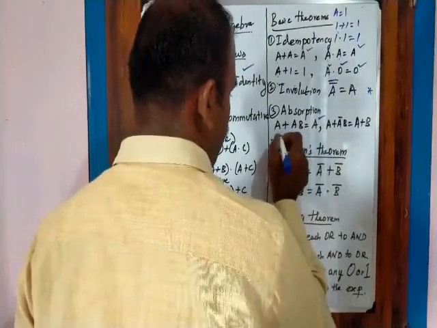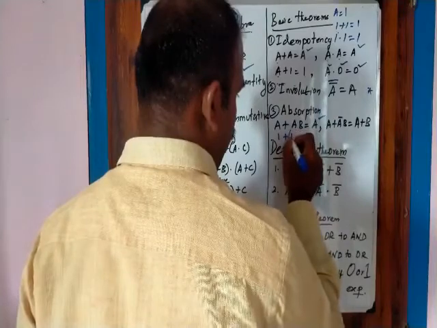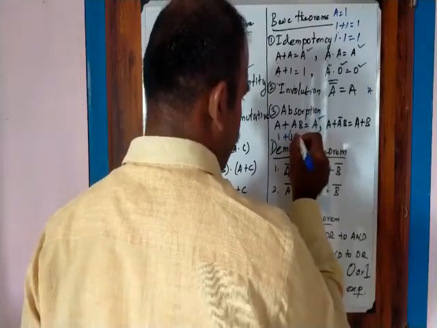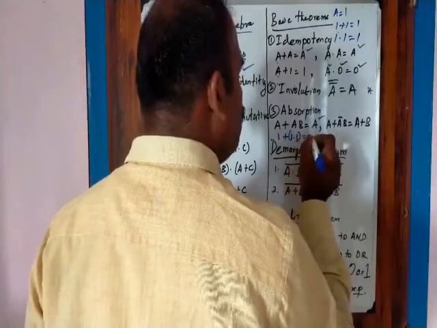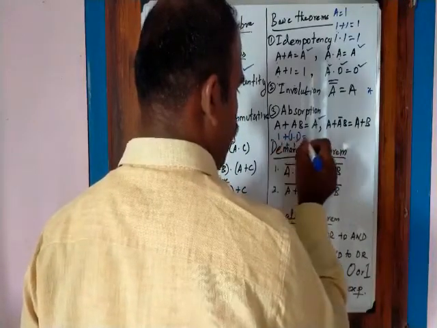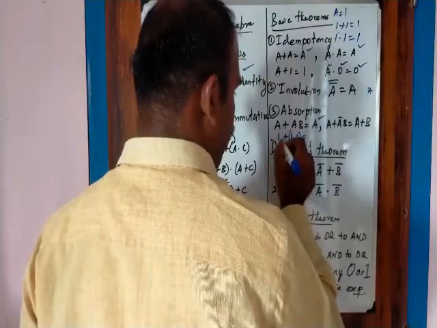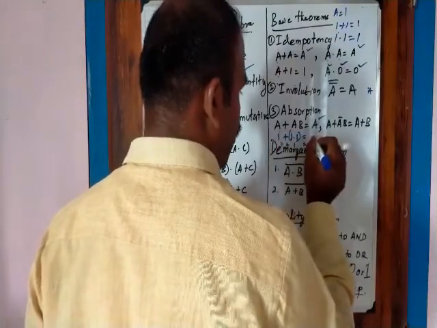If you substitute A equal to 1 and B also 1, the answer is 1 into 1, 1, 1 plus 1, 1. Whatever we give in A, that comes out here.